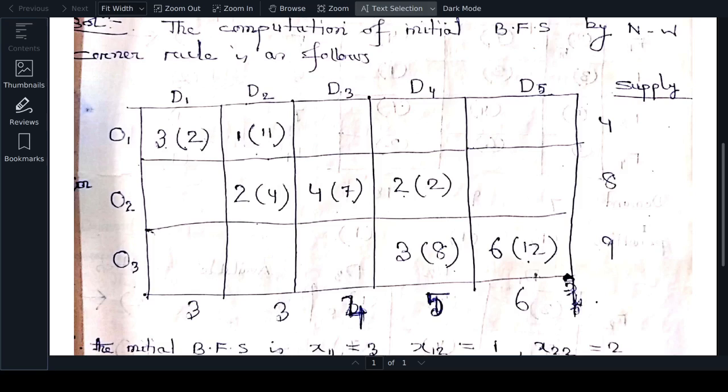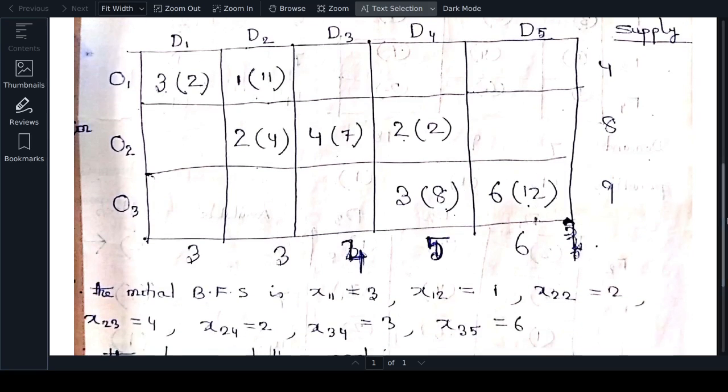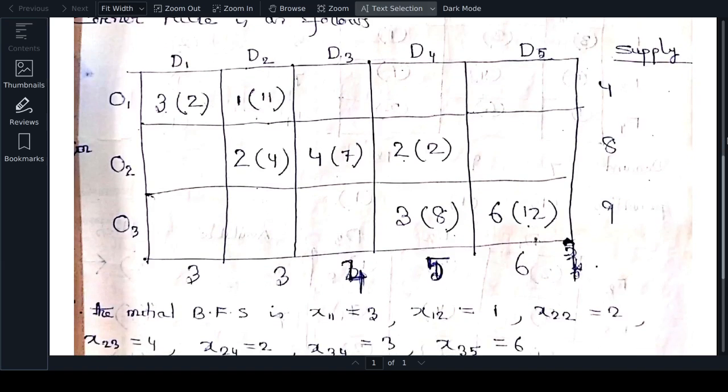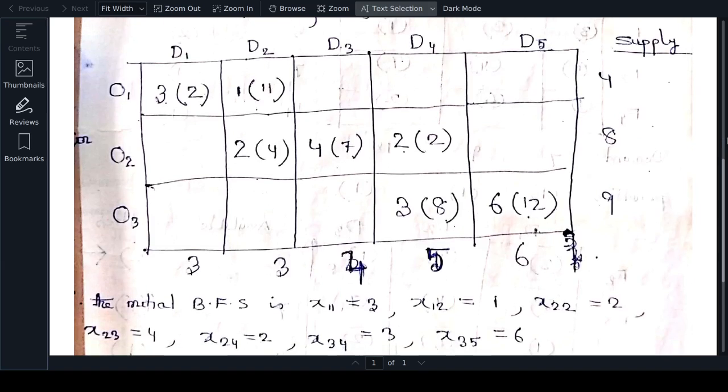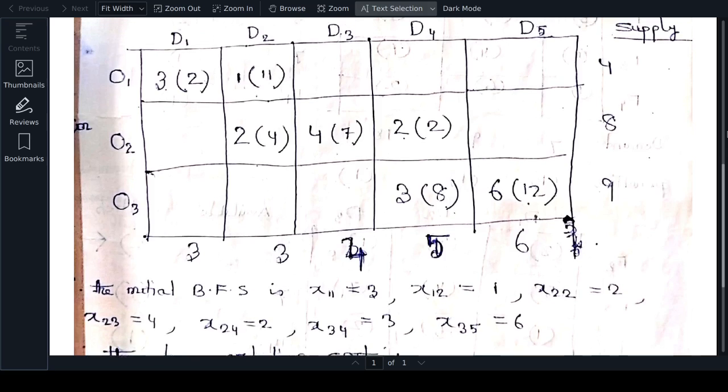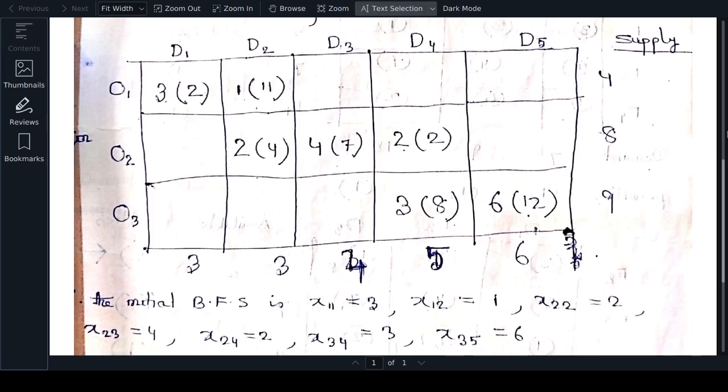Okay. Therefore, the transportation cost is 3 into 2. 3 means allocation and 2 means cost. 3 into 2 plus 1 into 11 plus 2 into 4 plus 4 into 7 plus 2 into 2 plus 3 into 8 plus 6 into 12.